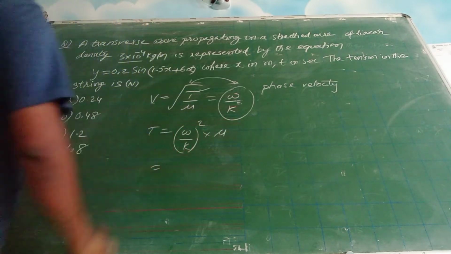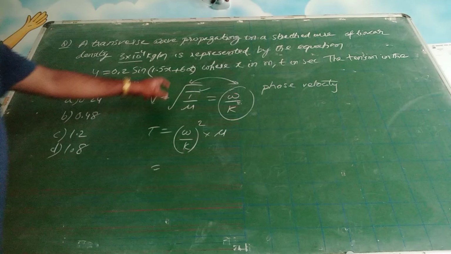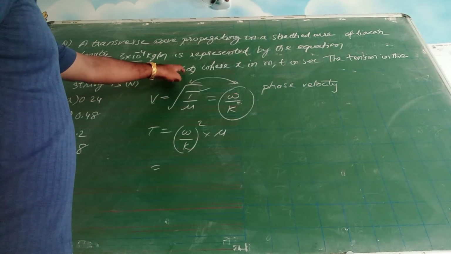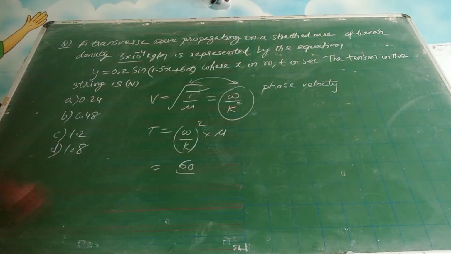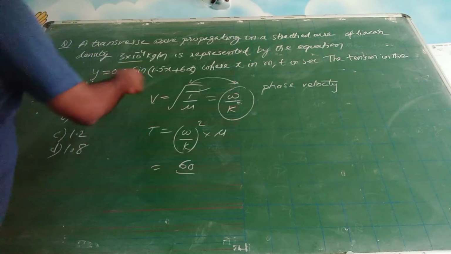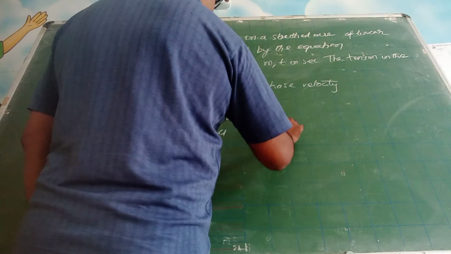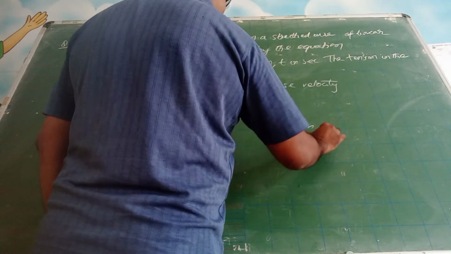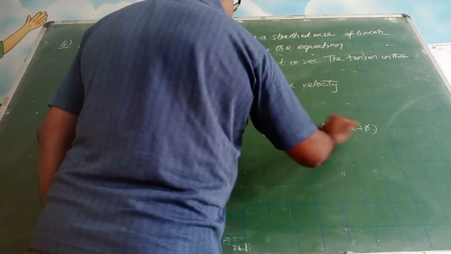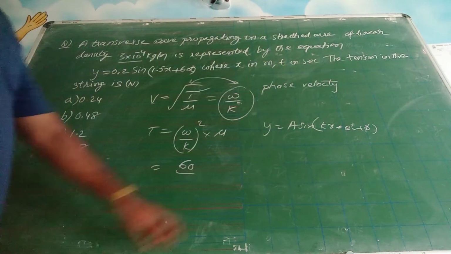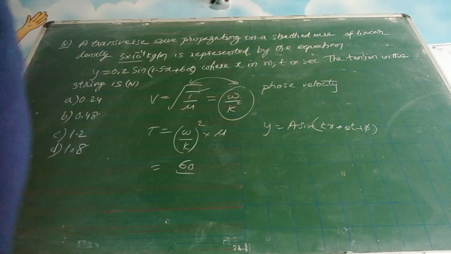Now omega is the coefficient of t. So it is 60 divided by k. K is the coefficient of x. You have to compare this with the standard equation. Y is equal to a sine (kx plus omega t plus phi). This is the standard equation. So k is the coefficient of x, omega is the coefficient of t.